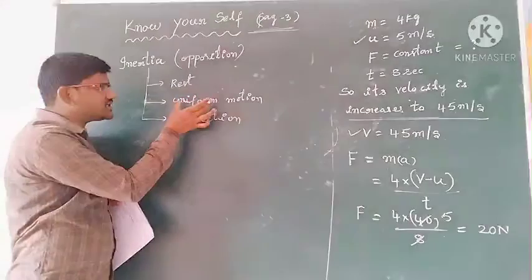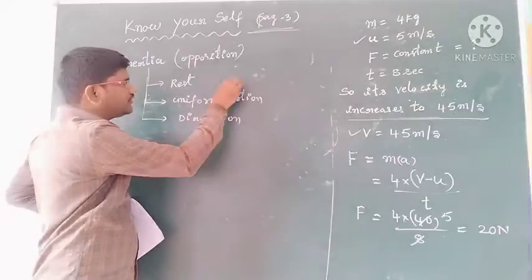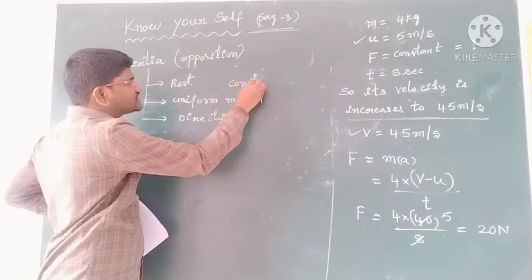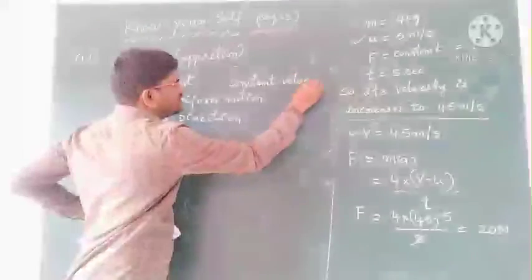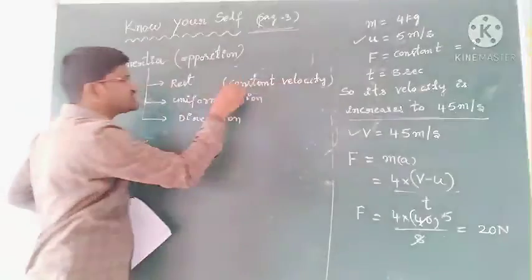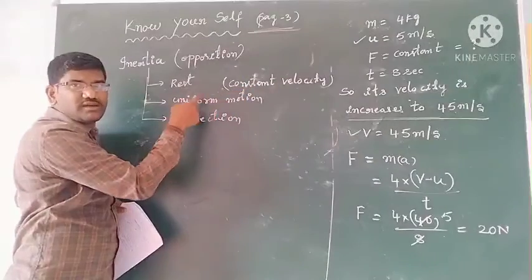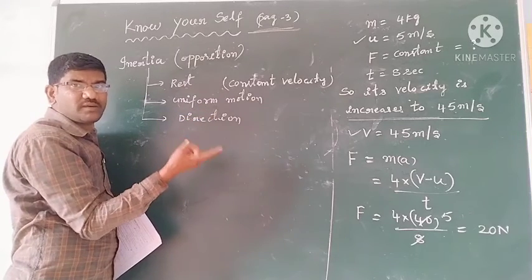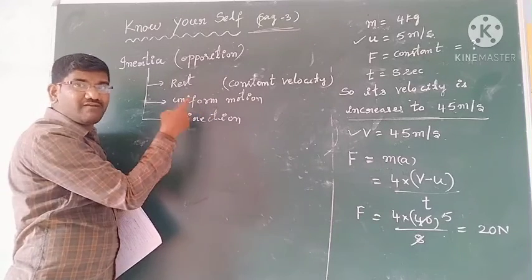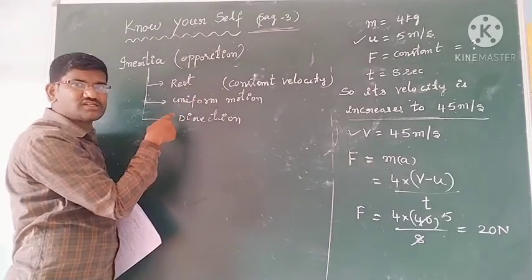If an object is in uniform motion, you know uniform motion means constant velocity. If it is moving with a constant velocity, it cannot come to rest by itself, and it will have opposition to come to rest. That is called inertia of motion.